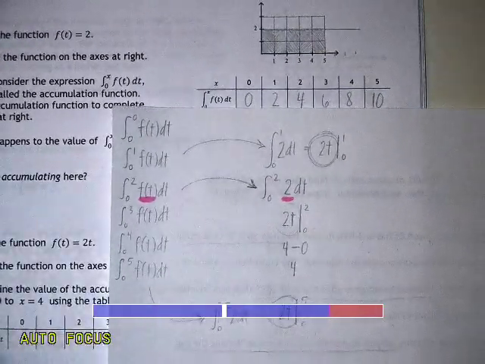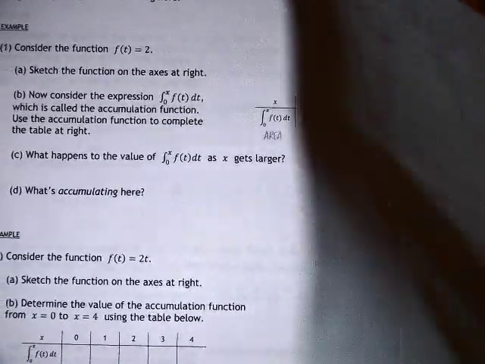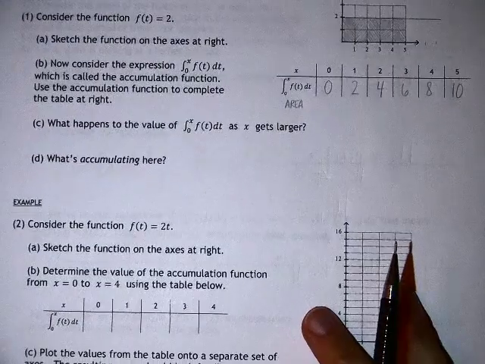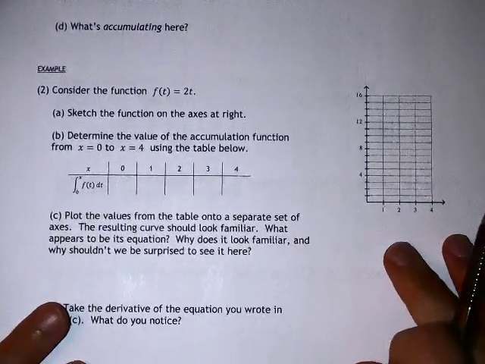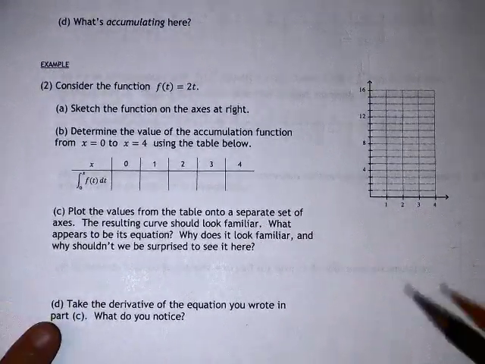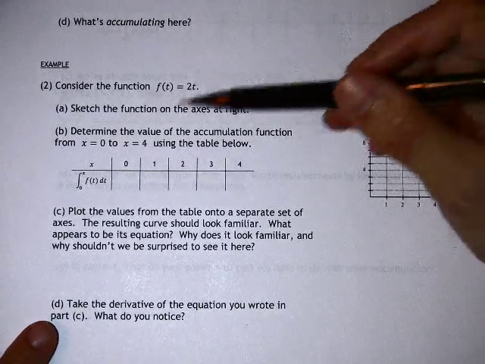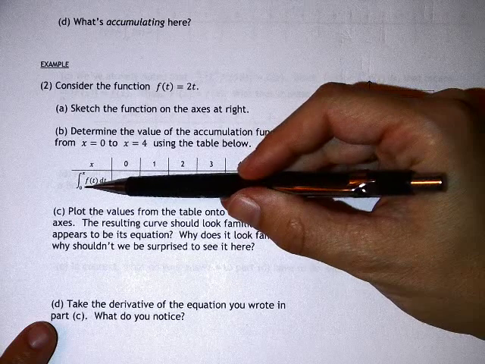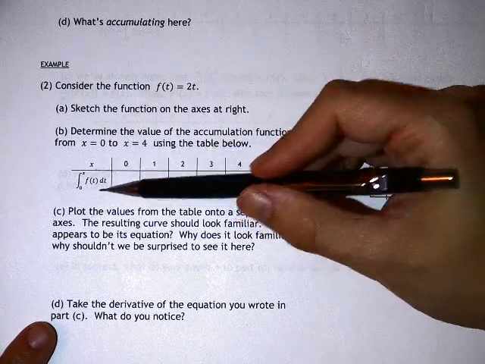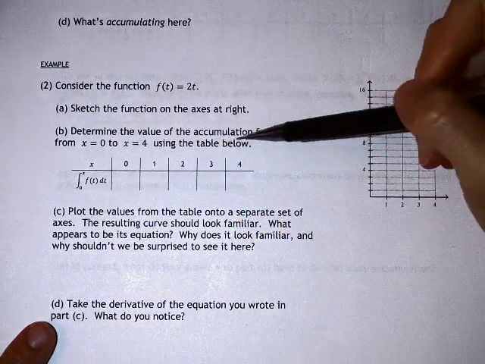Now, question number 2 is very similar. In fact, so similar that I'm going to ask you to try it as an exercise on your own. Question number 2 is giving you another function and asking you to determine the values of the integral from 0 to 0, 0 to 1, 0 to 2, 0 to 3, 0 to 4.